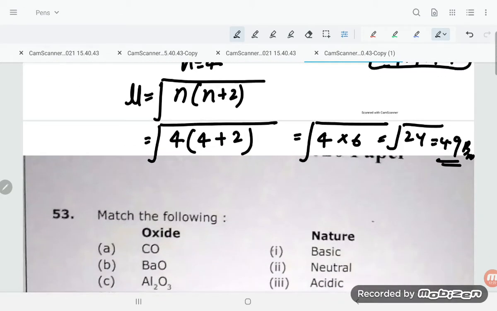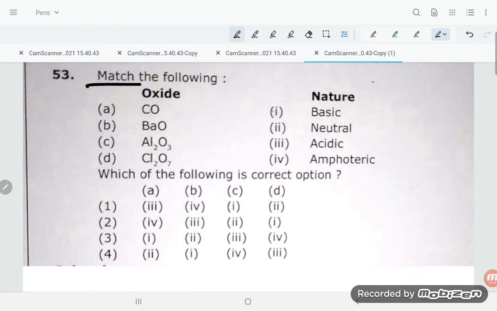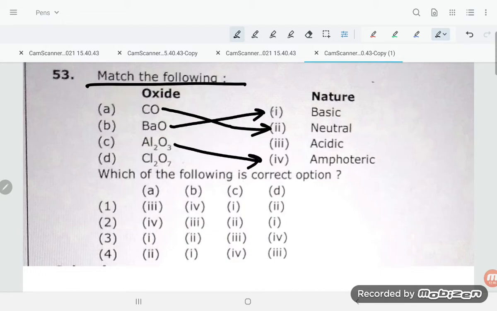Now let us move to question number 53. Match the following, students. If you talk about CO, CO is neutral. BaO is basic, metal oxides are basic. Al2O3 is amphoteric.